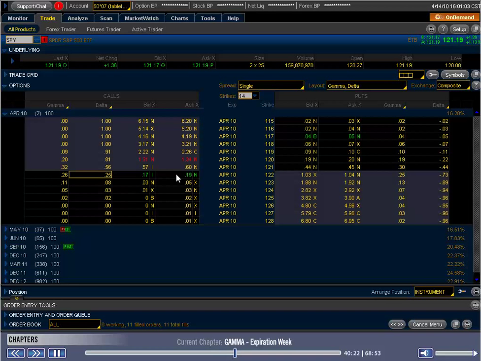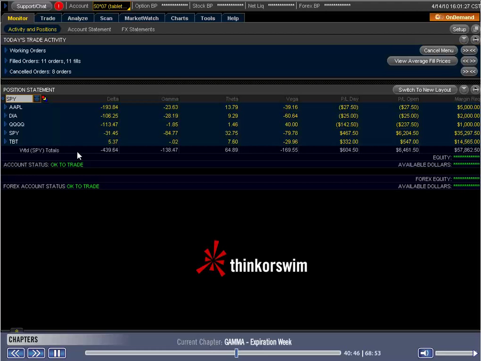It doesn't make logical sense to hold on to short option positions that are anywhere near the money coming into expiration week, because if the underlying were to move, it will literally tear your position apart because of what we call the negative gamma risk incurred.